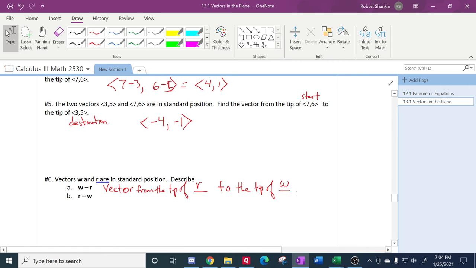Can anybody explain why this has to go from R to W and not vice versa?